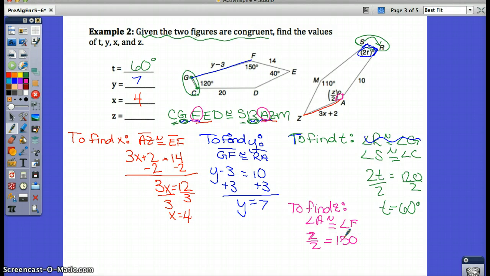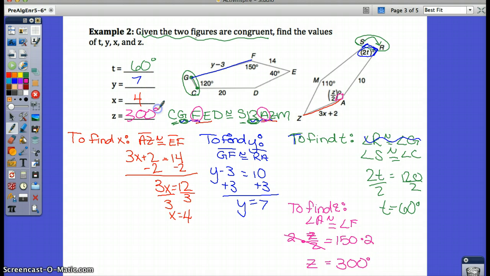To solve for Z here, get it by itself, and I'm going to put a bar on Z so you can tell the difference between my Z and my 2. Z is being divided by 2, so I would multiply by 2. Those will cancel on the left, and I have Z is equal to 300 degrees.